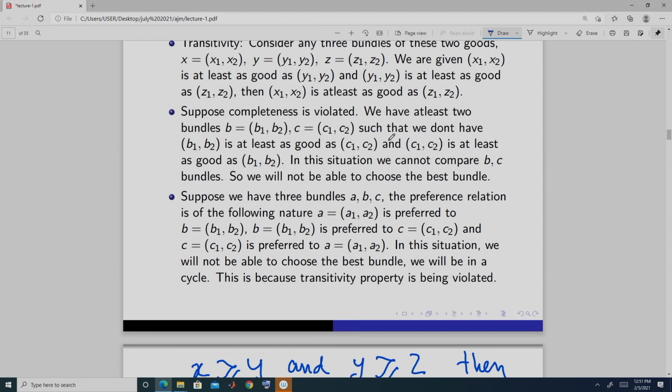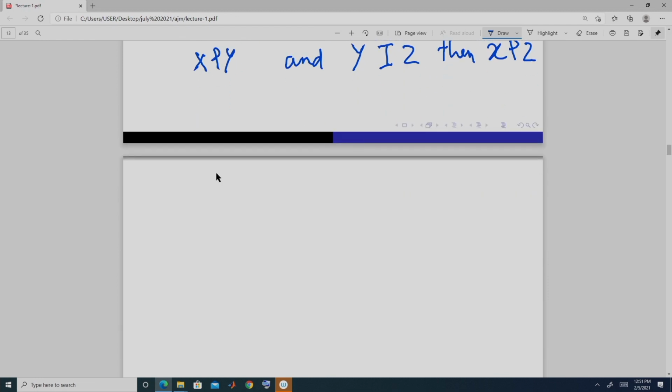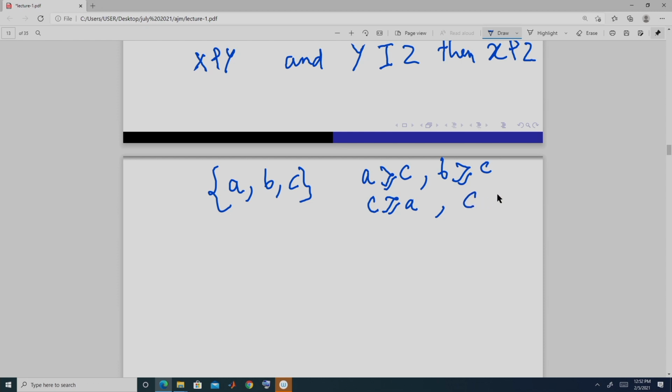Suppose we are given a set of bundles A, B and C. We are given that A is at least as good as C and B is at least as good as C, and we are given that C is at least as good as A, and that C is not at least as good as B. But only this is given.